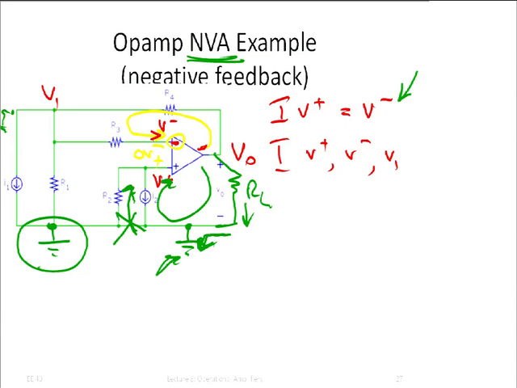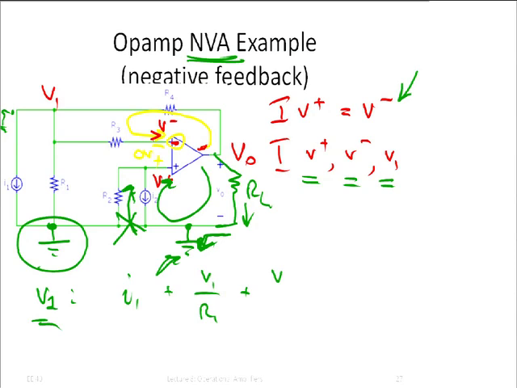Then we're going to write the other node voltage equations, and I showed you the nodes for which I'm going to write them. So for example, we could write the node voltage equation for V1. Right? That would be I1 plus V1 over R1 plus (V1 minus Vout) over R4.